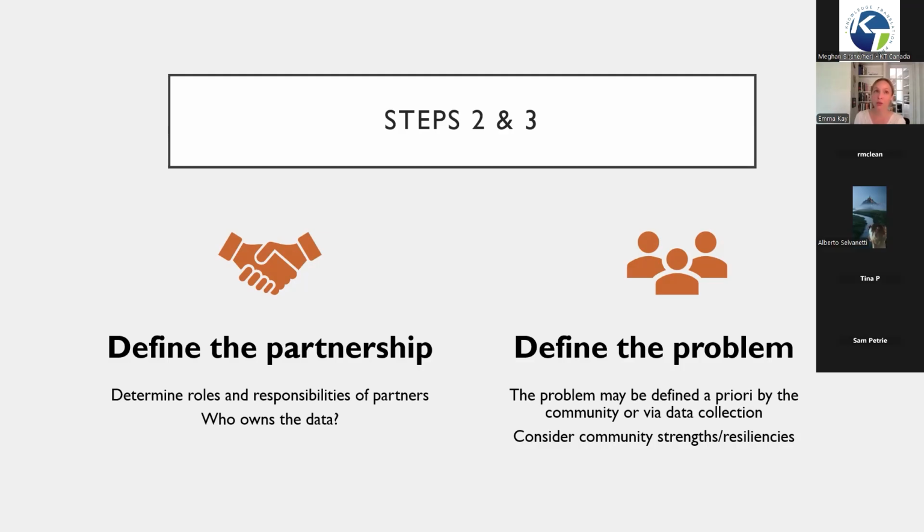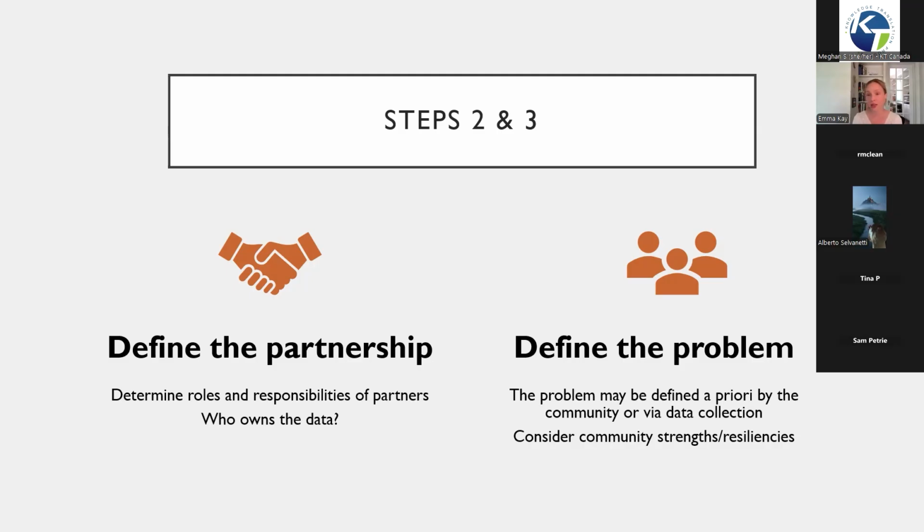And so thinking about all of those equity indicators and developing rapport and all of those things. Be really careful when you're approaching a community organization or any organization who has data that might be useful for your study. Make sure that you're being really thoughtful about the ask.